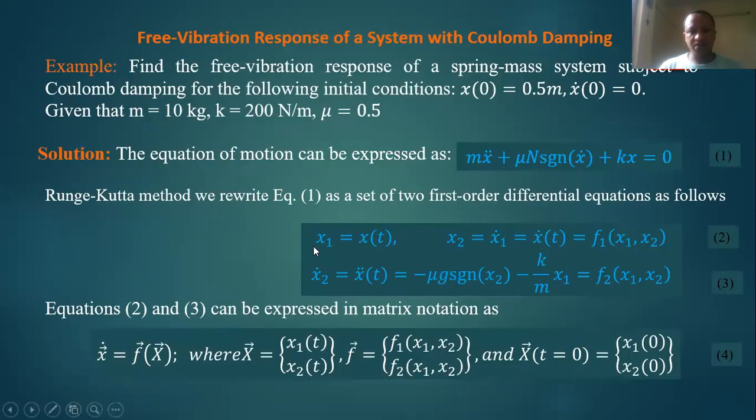Look, in that example the initial condition x of 0 is equal to 0.5 meter, x dot of 0 is equal to 0, and other parameters like mass, stiffness, and friction coefficient are given. And we applied the Runge-Kutta method.